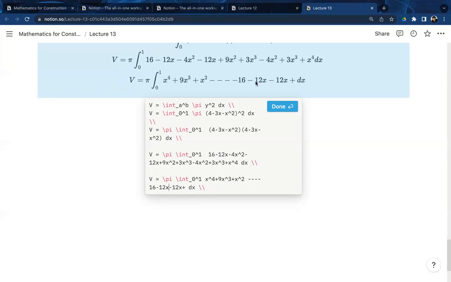And the x terms, minus 12 minus 12 is minus 24. And then you will just have the 16. Positive 16.